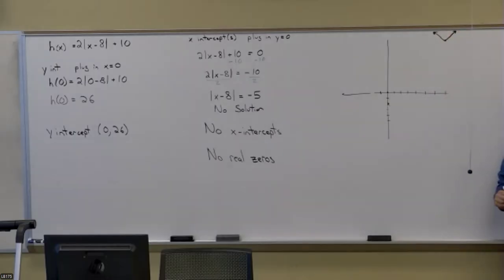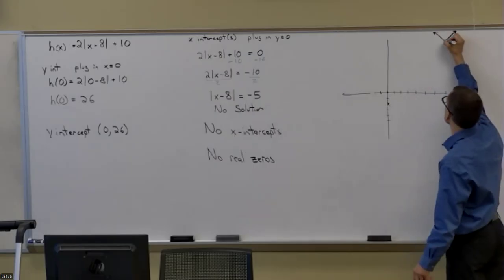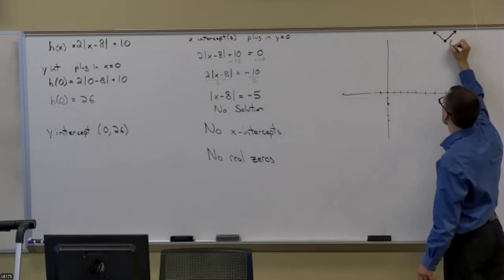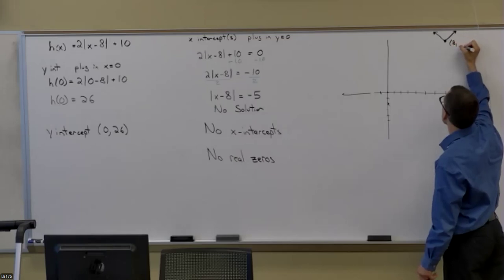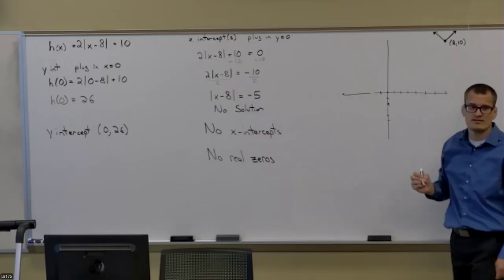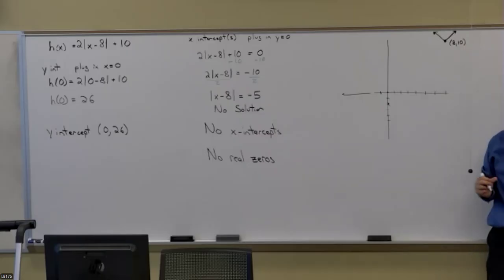It'd be pointing up. At the lowest point, this vertex point, would be 10. I think I got that right.